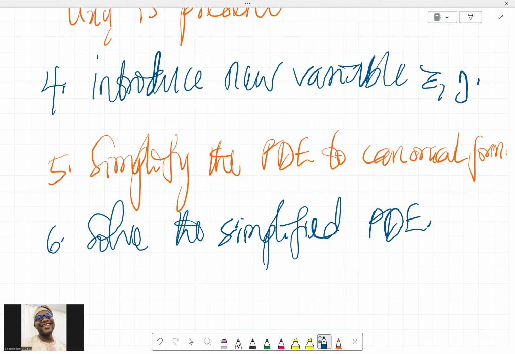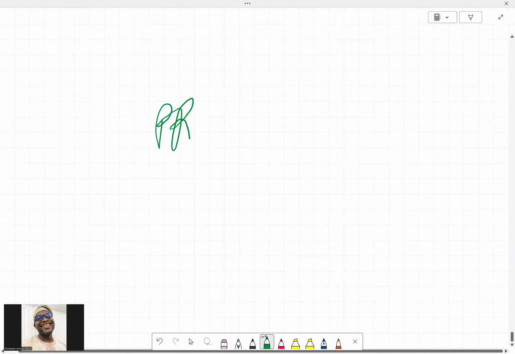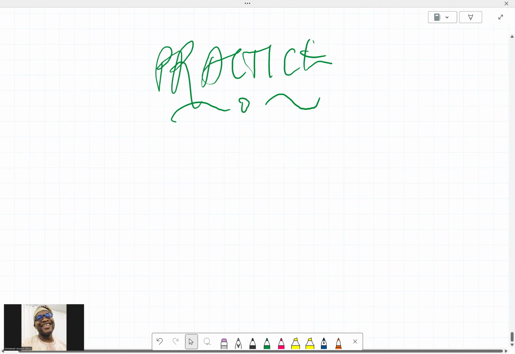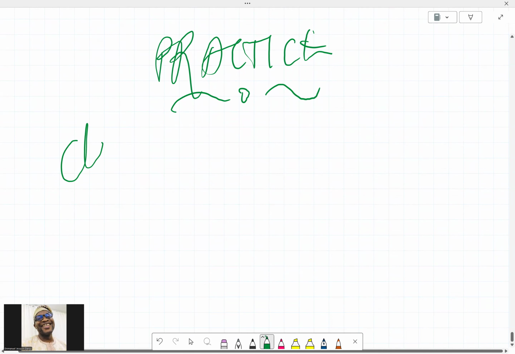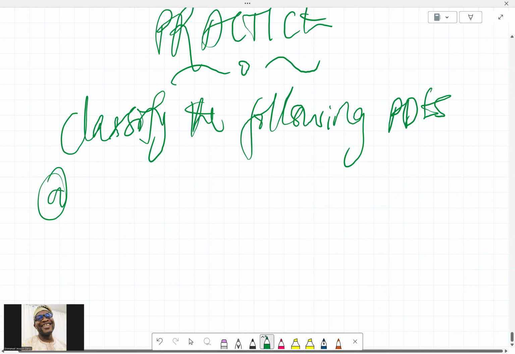Okay, so based on this now, I can give a couple of questions. Let's go for that. Practice now. So first, classify the following PDEs. Of course, you know the classes, right? Is it elliptic? Is it parabolic? Is it hyperbolic?